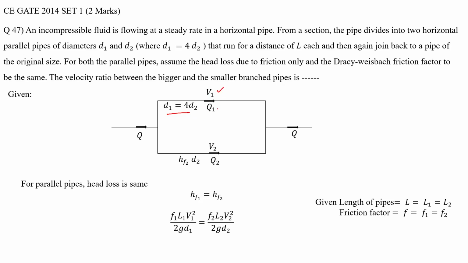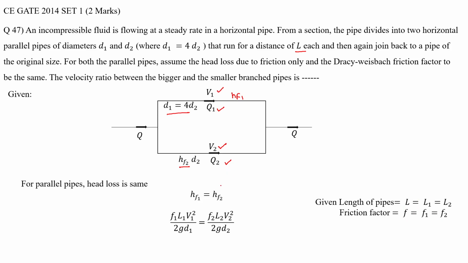We have velocity V1 and discharge Q1, similarly V2 and discharge Q2. In the question it is mentioned that F1 and F2 are both equal, the Darcy-Weisbach friction factor is the same, and the length of both pipes is also the same, which is L. So L1 equals L2 equals L, and F1 and F2 equal F.